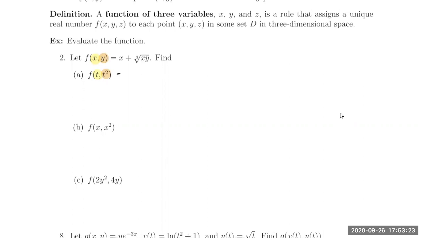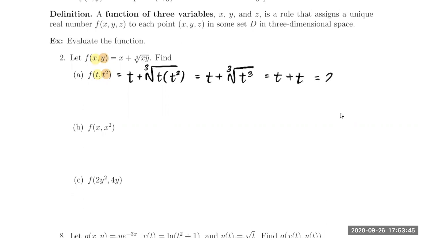All right, so we begin with t plus the cube root of t times the y coordinate, which is t squared. So this is t plus the cube root of t cubed, which is of course t plus t, or 2t.